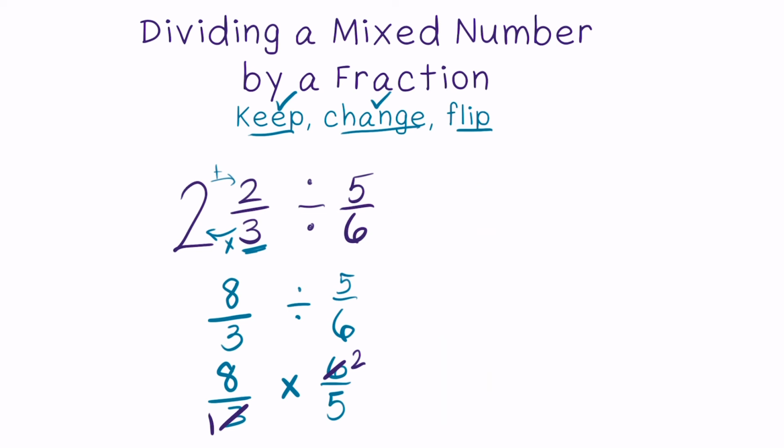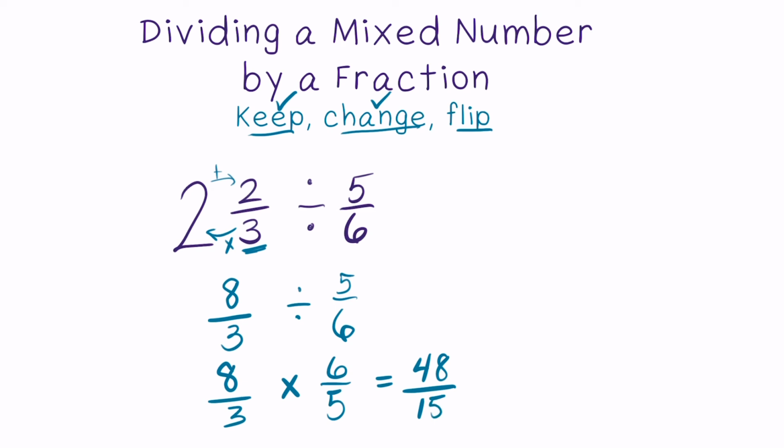Now, just to give you an idea, if we had not canceled out the 3 and the 6, if we had not gone through that process before we multiplied, in the end, we would have gotten the same number. Let me show you what that would look like. Taking the fractions of 8/3 times 6/5, we could have multiplied across the numerators. 8 times 6 equals 48, and then the denominators. 3 times 5 equals 15.